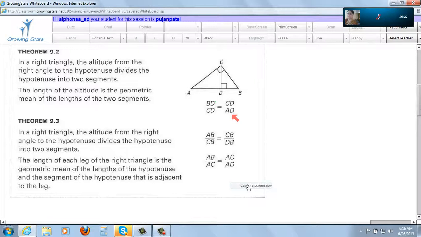From this statement, if you take two triangles at a time, you get a set of three ratios. Like the first one, if you take the first two, you get AC over AD.